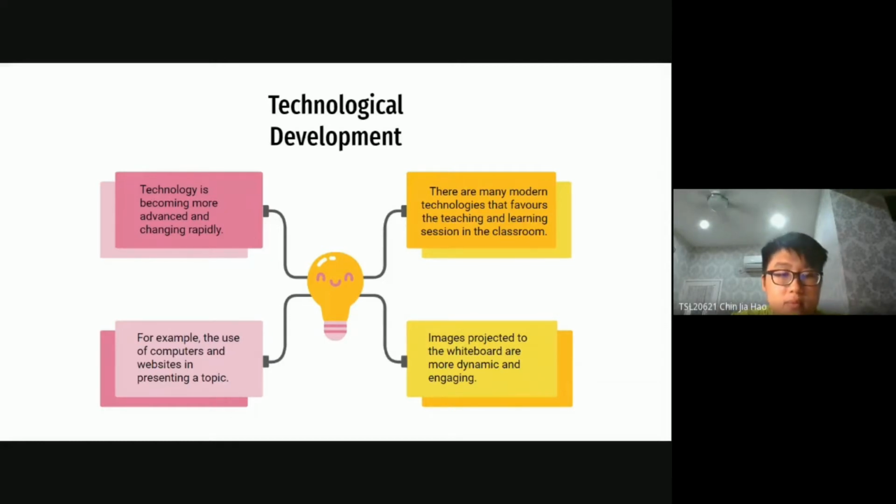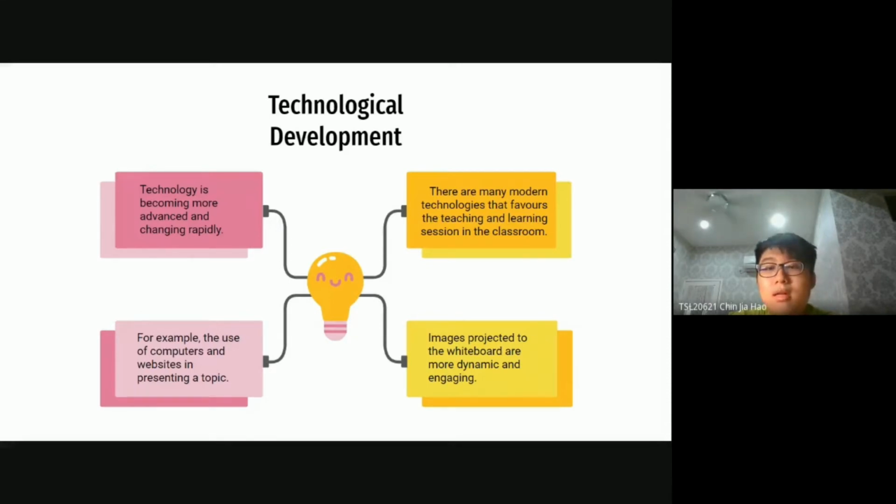And as we know, students today tend to use technology daily in their life. And some of the students can use technology even better than us as adults. So it can be said that the students nowadays can absorb the knowledge better through the use of technology.